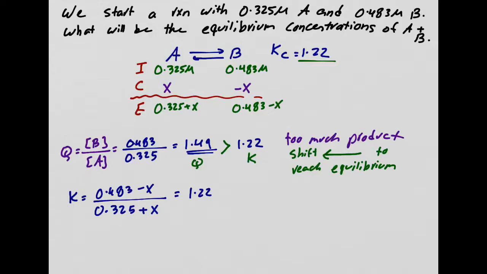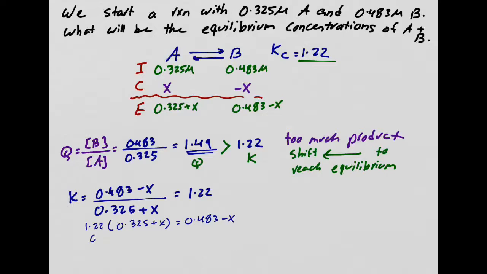Let's go over the math together anyway though. So then it's going to be 1.22 times 0.325 plus x, right? I'm multiplying this out together, equal 0.483 minus x, okay? Now I'm going to multiply this out. You have to multiply that out. So that would be 1.22 times 0.325.